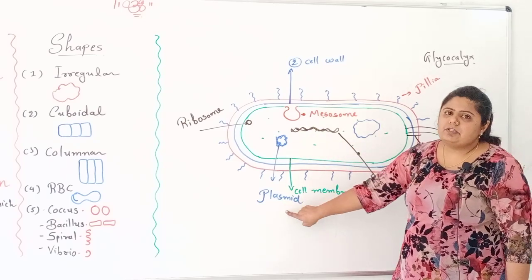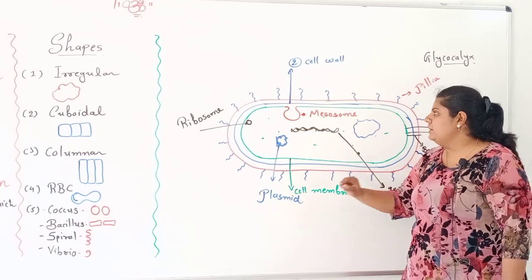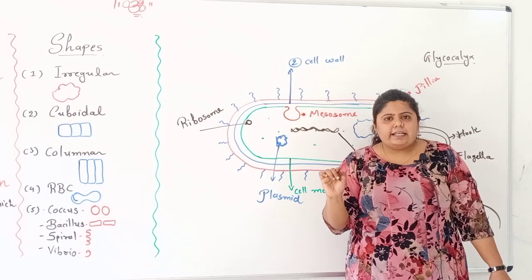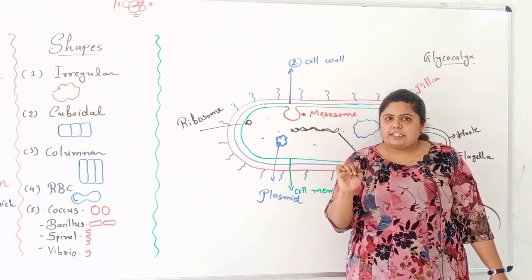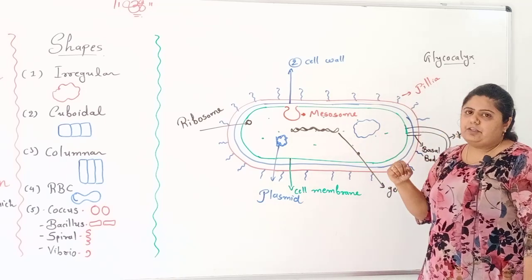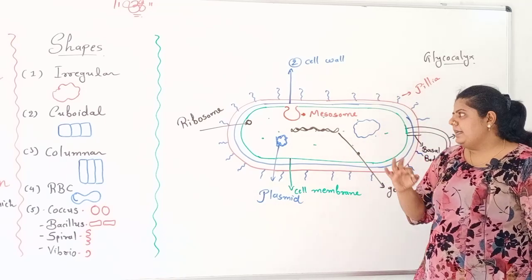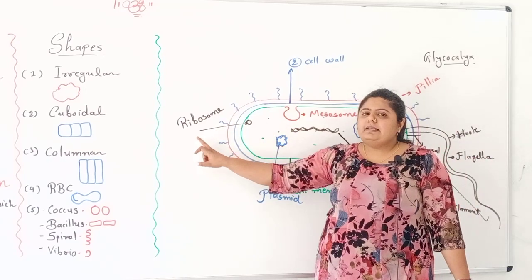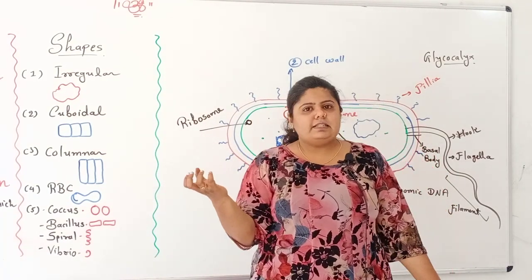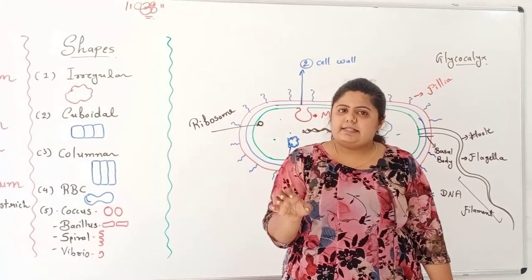Plasmid, which is responsible for formation of capsule. Mesosome for respiration, cell division and for photosynthesis in some bacteria like cyanobacteria. Gas vacuole present in cyanobacteria, and only one organelle is there, ribosome. So in the next lecture, students, we will study plant cells and animal cells. Thank you.